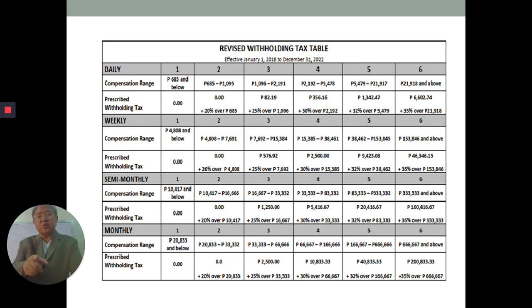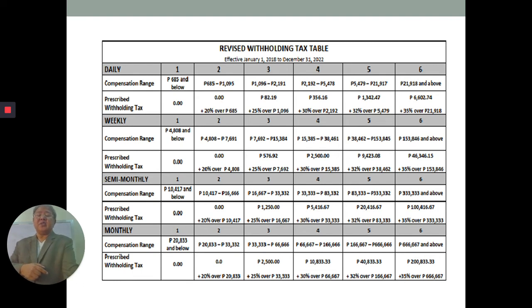That's actually what's reflected there. So zero ang kanyang withholding tax. Under column 2, that is 20,833 net taxable income up to 33,332, the employee is subject to 20% of the amount above 20,833. So that's how you use the table.